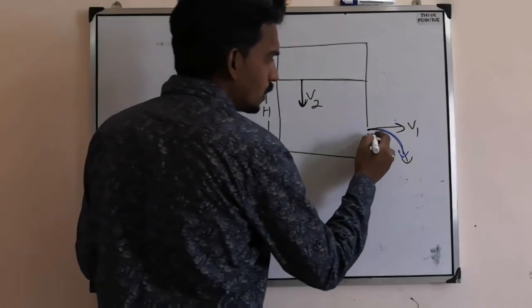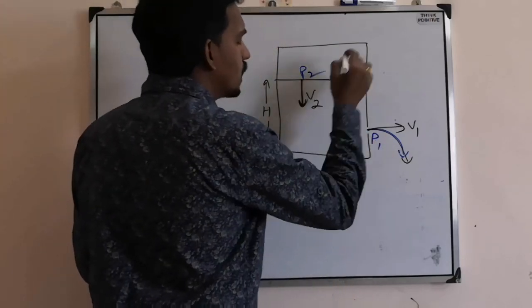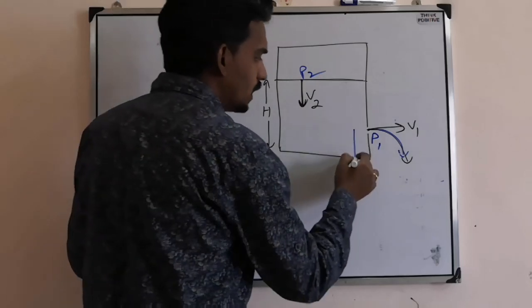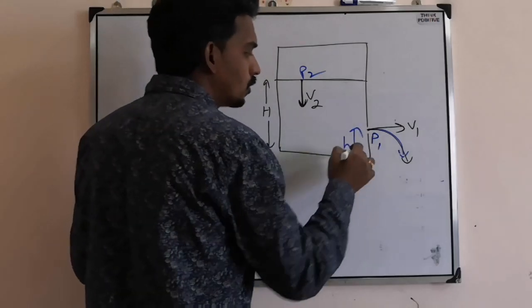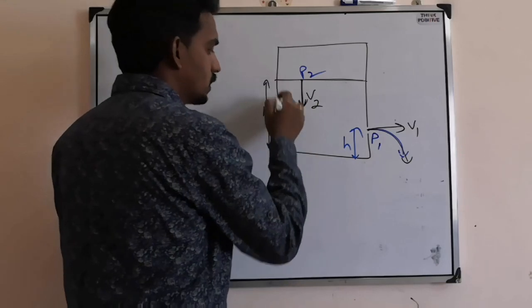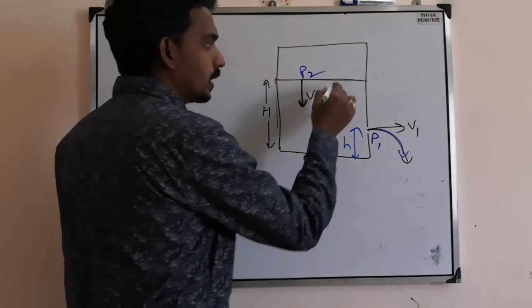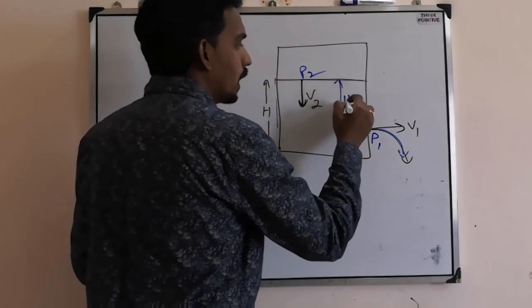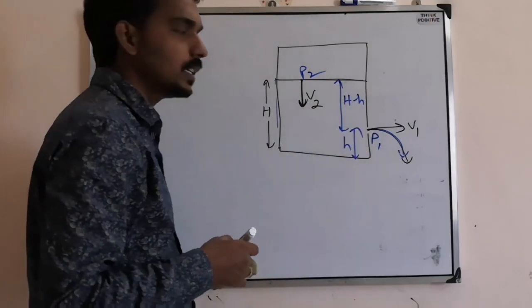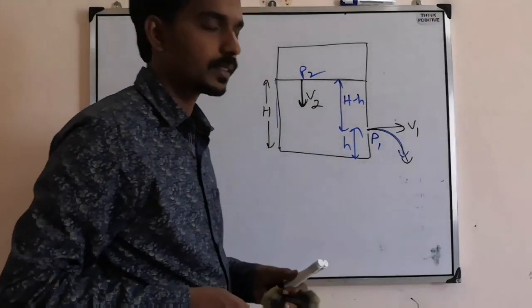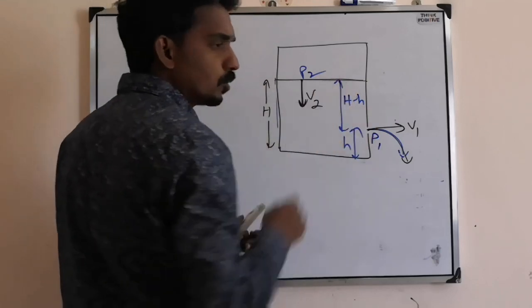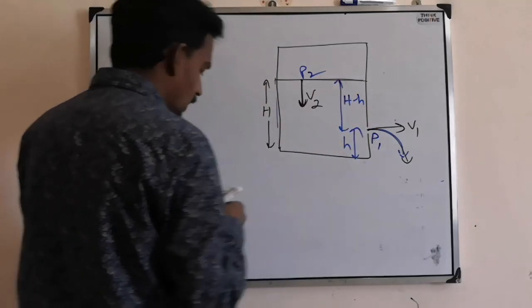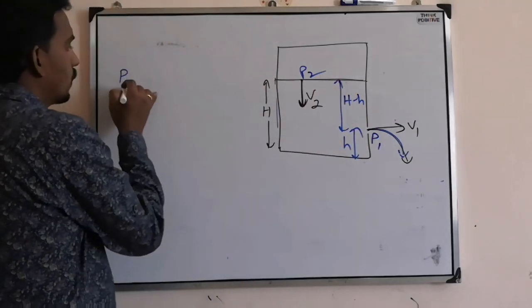Here pressure you consider P1, here pressure P2, and the height of the hole you consider h, then the height of this level is capital H minus small h, that is the depth of the hole.